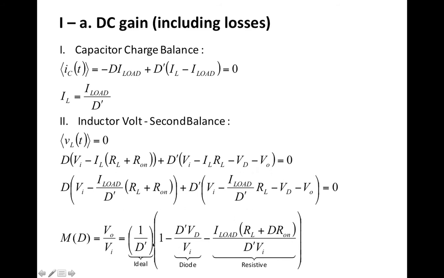If we rewrite this equation, we will get this equation for Vout over Vi, which is basically 1 over D prime, and remember this is the ideal gain, times this parasitic term that comes from lossy components, which is the diode contribution, D prime times V diode over Vi, and then the resistance contribution, which is the load current times the ESR of the inductor plus the on resistance of the switch divided by the input voltage, and these are weighted by duty cycle D and D prime.